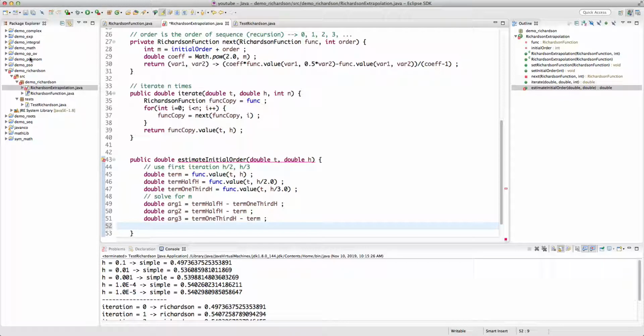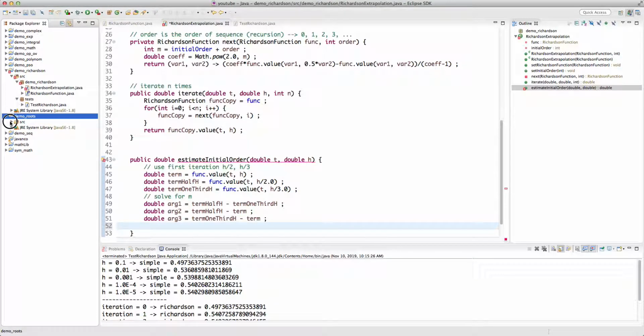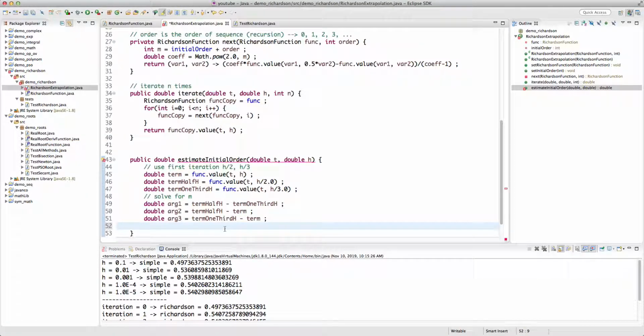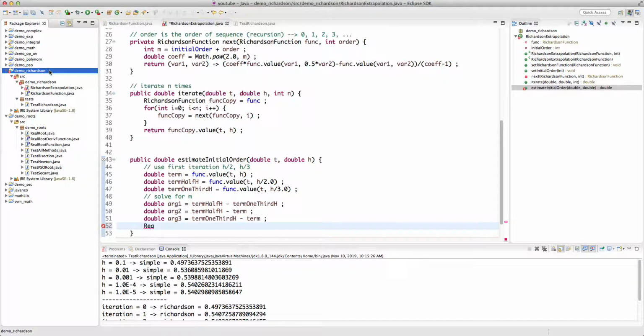So in order to do that, in our demo, where is our root finding package project? So we have to create a real root function. Okay, so let's give it a dependency.